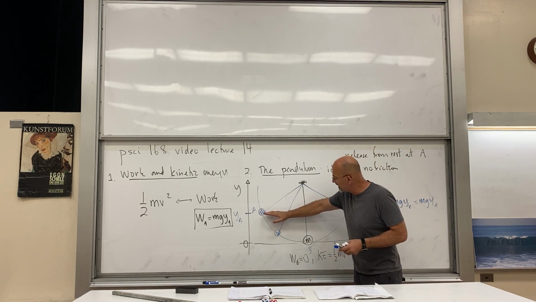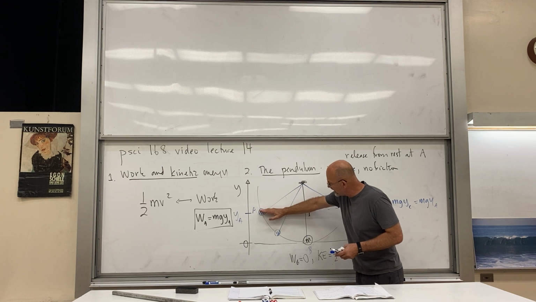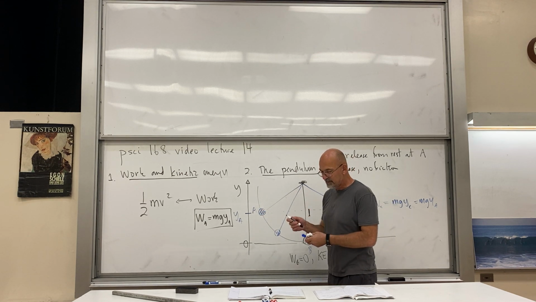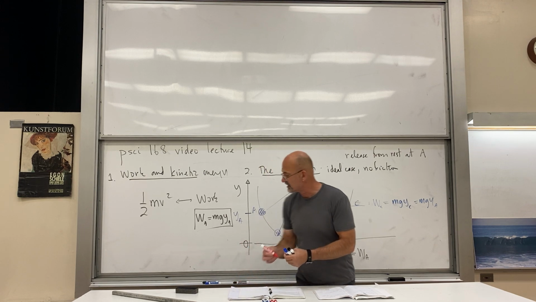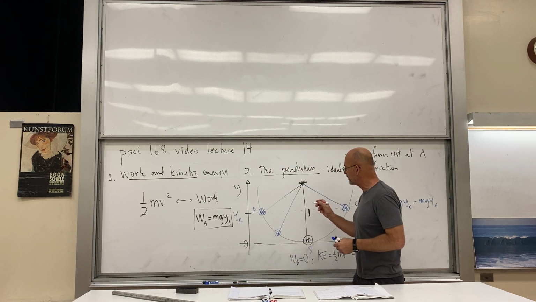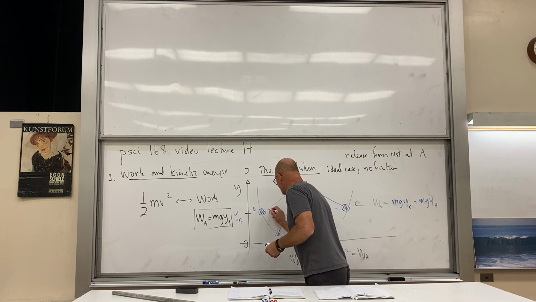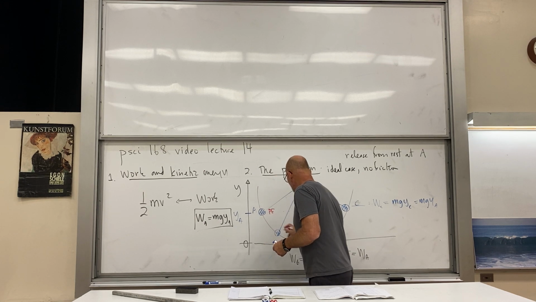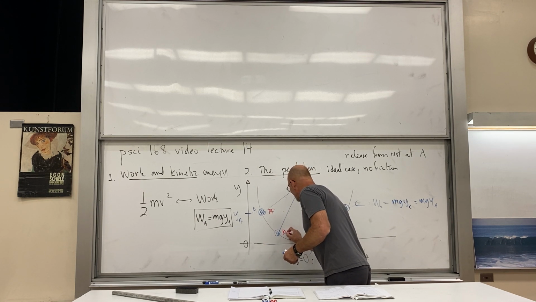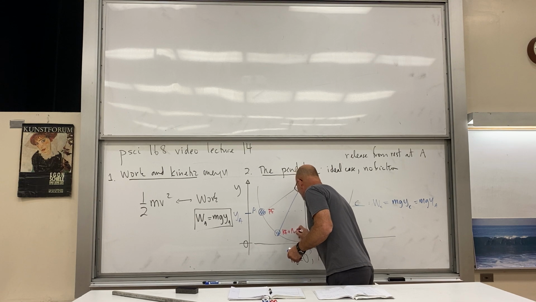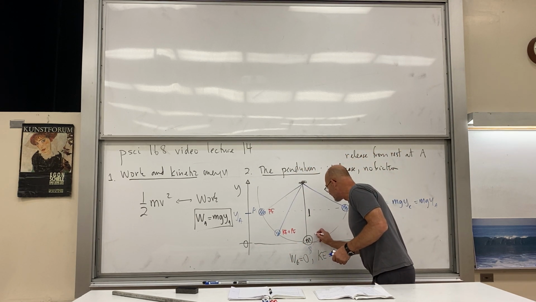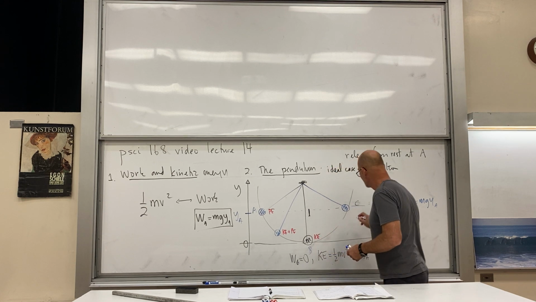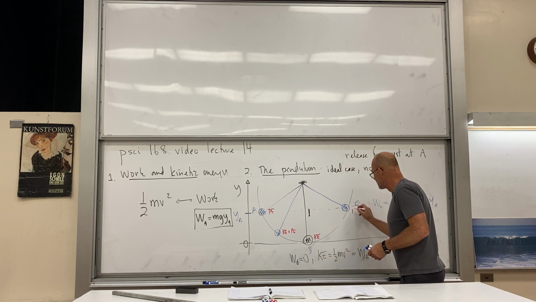So it's distributed potential energy. In fact, let's go ahead and label this in one more way. Remember, energy is the capacity to do work. So here we can say we have potential energy. Here we can say we have kinetic energy plus potential energy because it's moving. Down here, it's all kinetic energy, and up here, it's all potential energy.